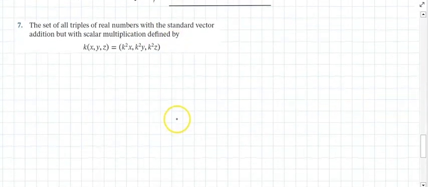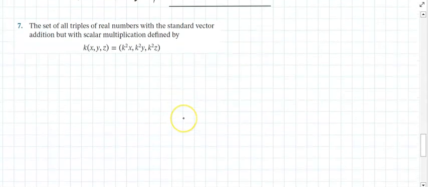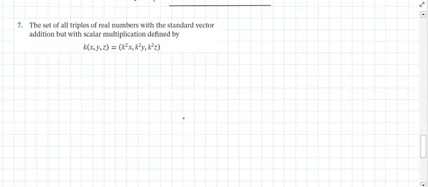So number 7, the set of all triples of real numbers with the standard vector addition. The traditional addition is the same, but for the scalar multiplication, if you multiply by k, you square the k.